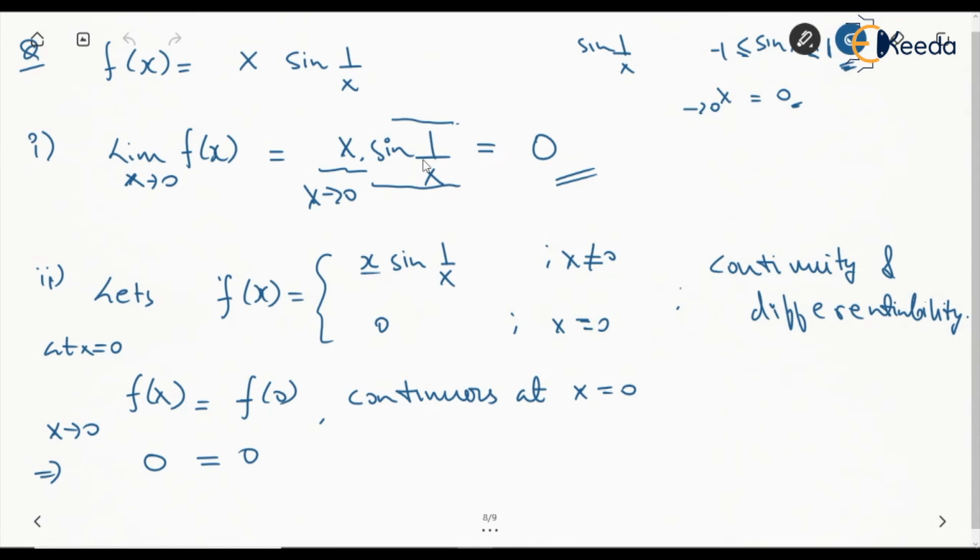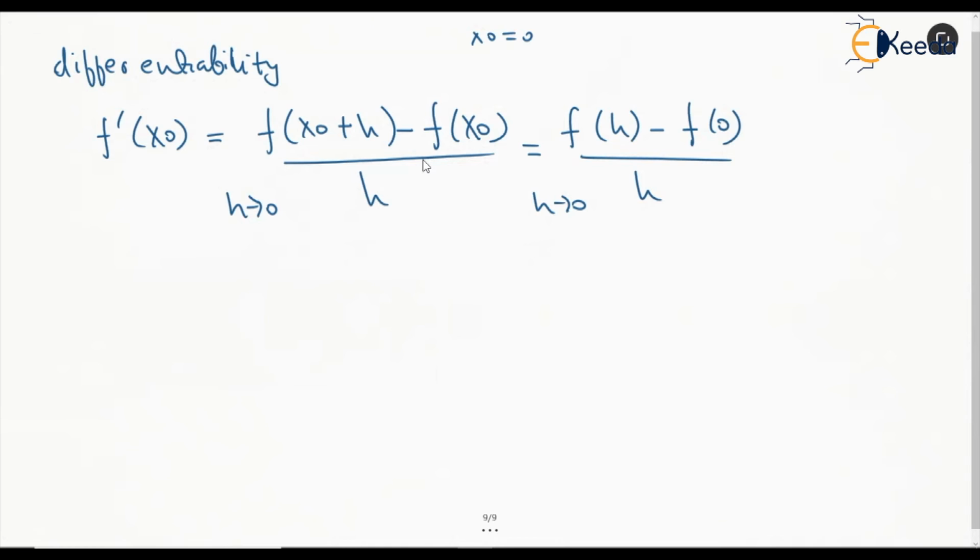Now for f of h, this will be h sine 1 by h, and for f of 0 it will be 0. So this becomes h sine 1 by h minus 0 divided by h for h tends to 0. So the 0 is removed, h and h cancel, and this is now sine 1 by h for h tends to 0.